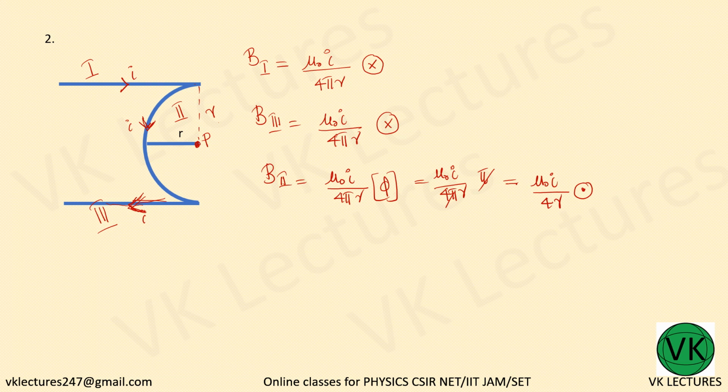So first what we are doing is B total is equal to B second portion minus B first portion minus B third portion. Okay, third portion. And as we consider this one as first, this is the direction outward the plane.